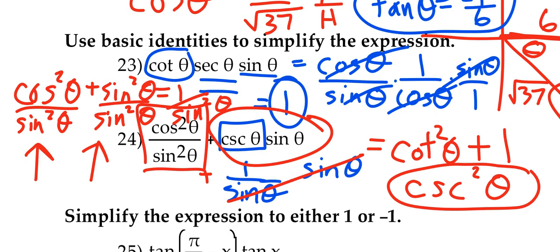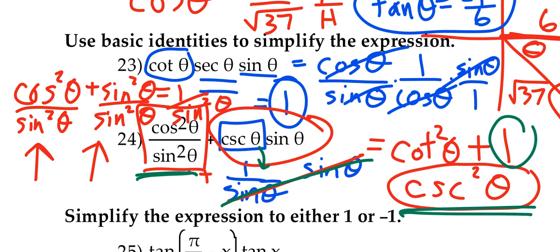Okay. So we did a substitution here, which caused me to reduce that. That's the one over here. Then we looked at this, and this was cotangent squared. And then we went back to our Pythagorean identity and realized that if you divide that whole thing by sine squared theta, you end up with cosecant squared theta.